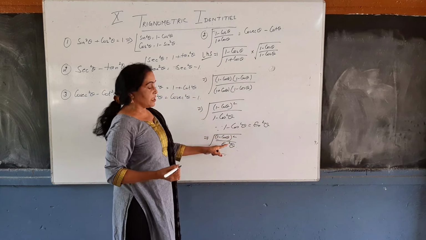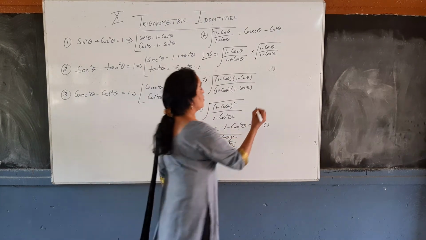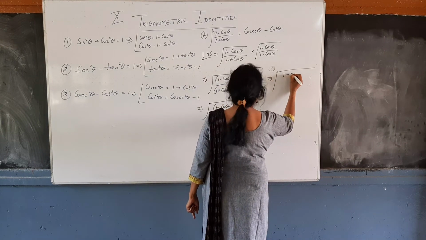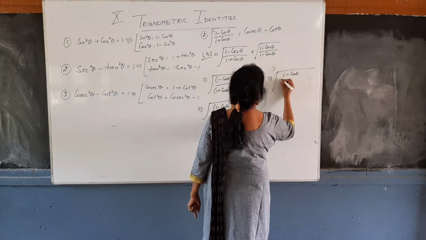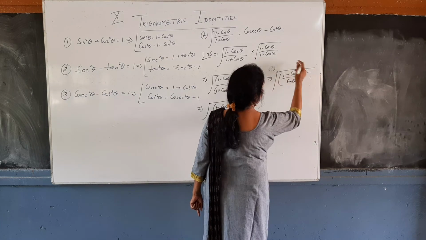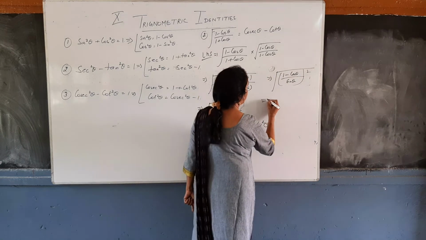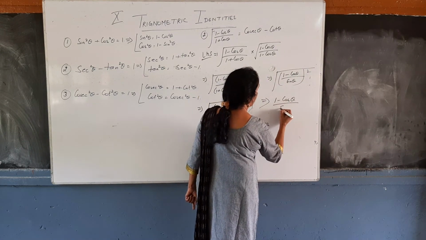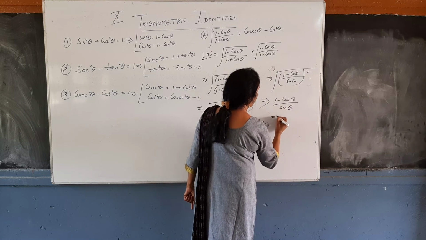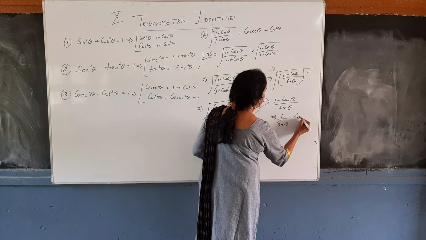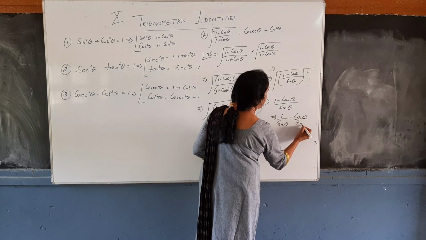Now see that both the terms are given in the square form. So what we will do? We will write like this: 1 minus cos theta upon sin theta whole square, and the square cancels the root. So we will get 1 minus cos theta upon sin theta, or 1 upon sin theta minus cos theta upon sin theta.